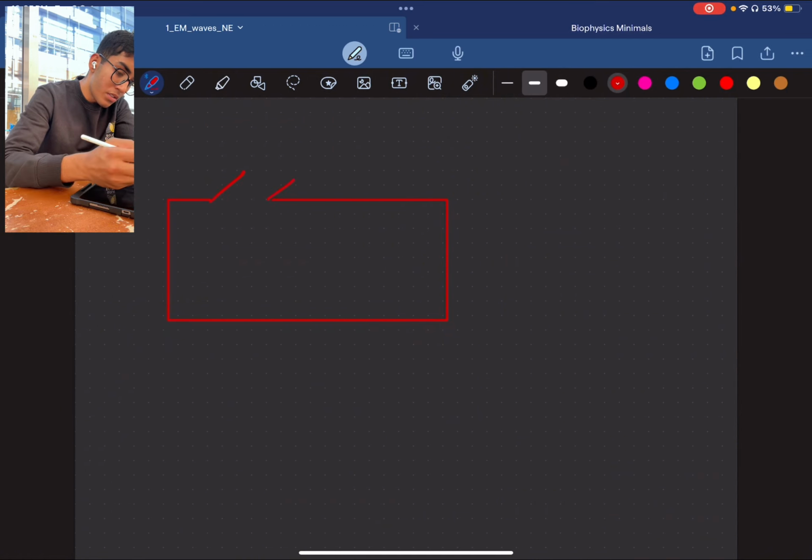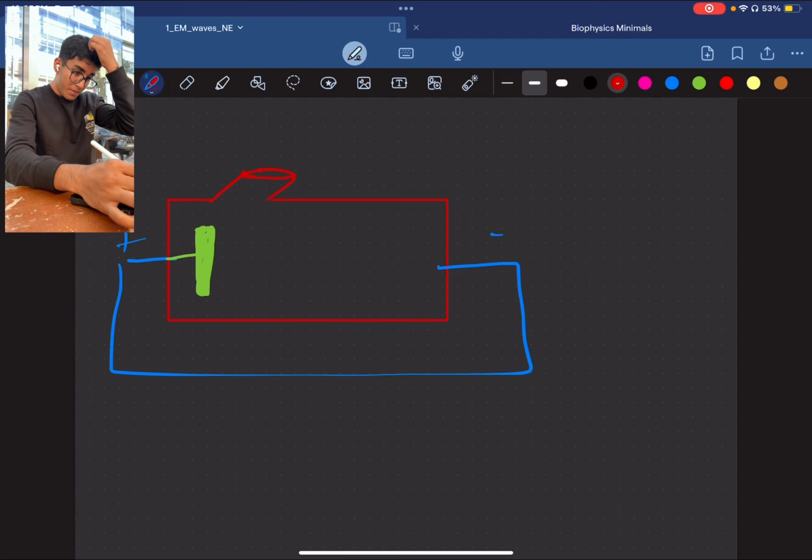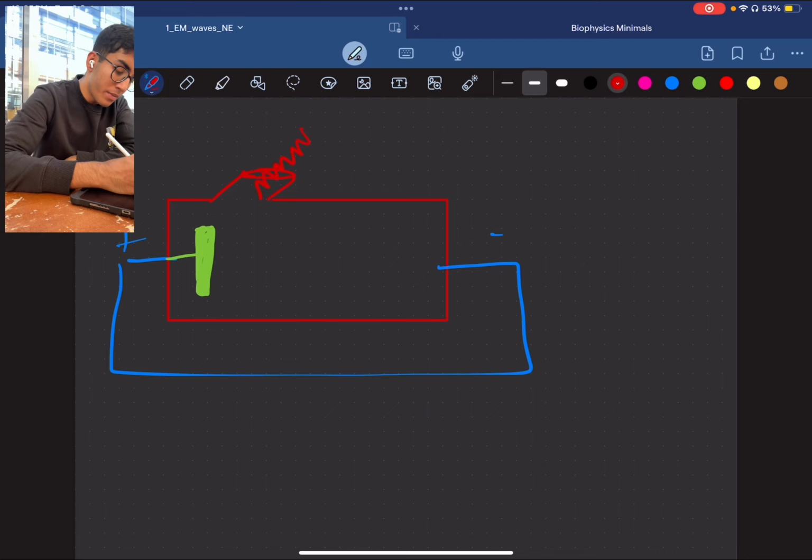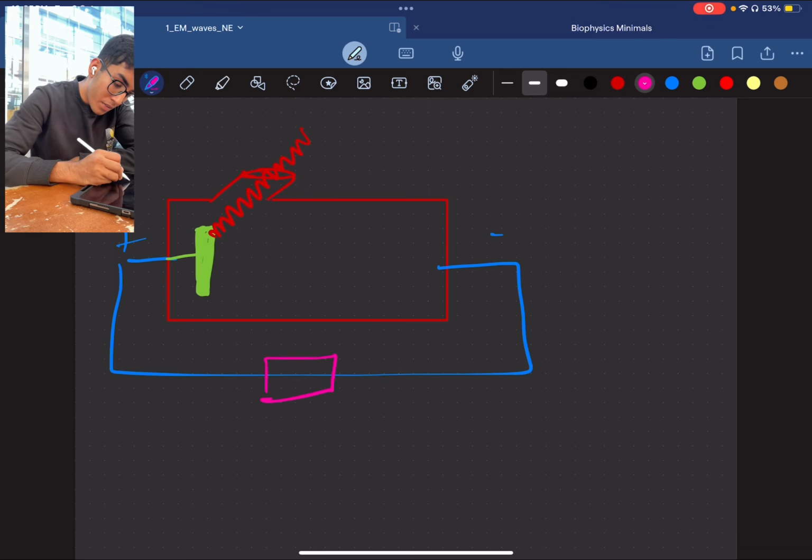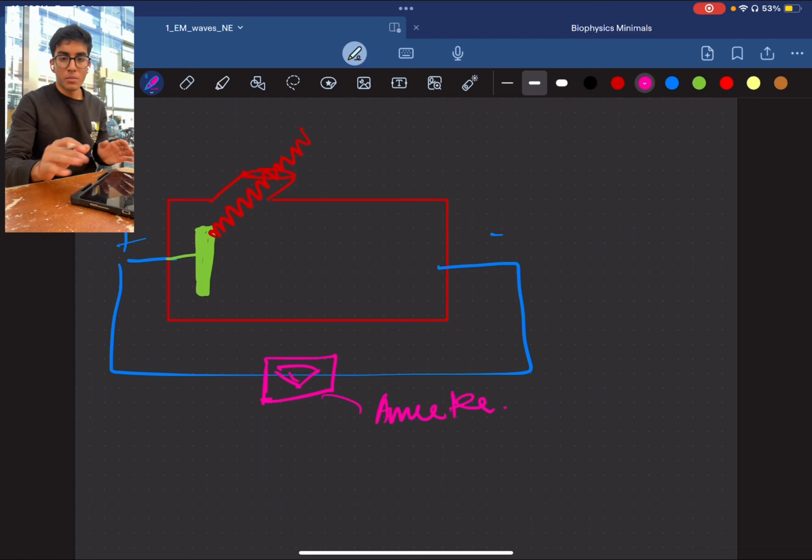Let's draw a plate here. Now we shine red light through it. What happens? Nothing happens. Over here is the ammeter, which measures the current. Nothing happens.